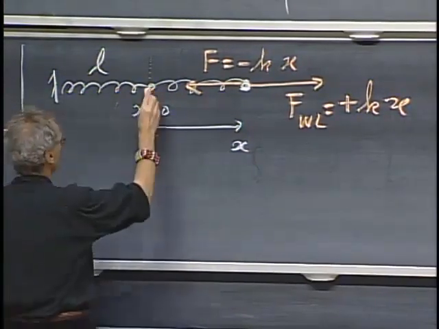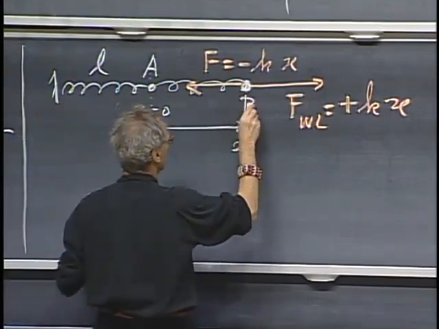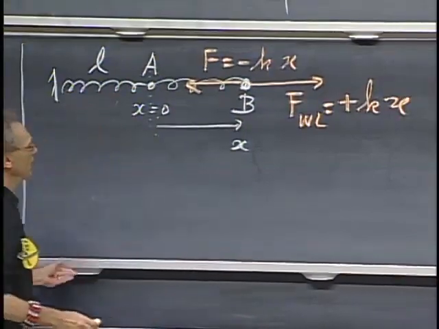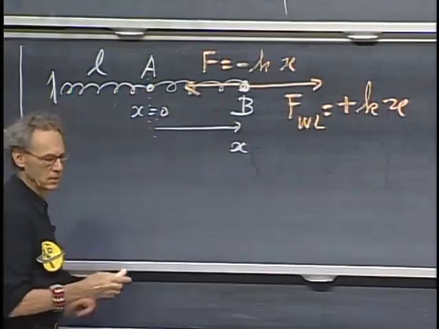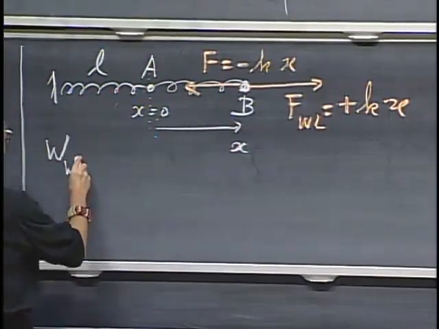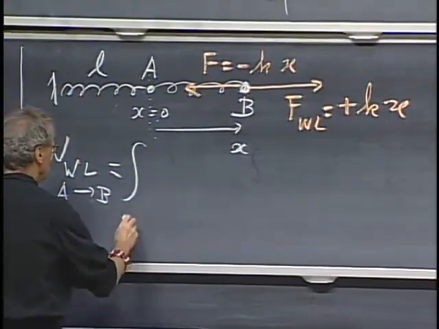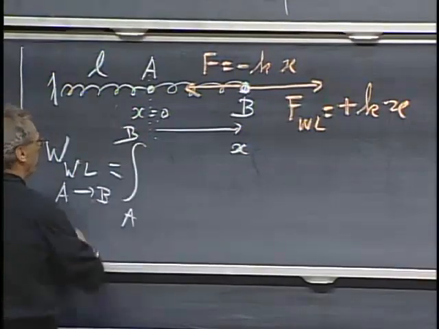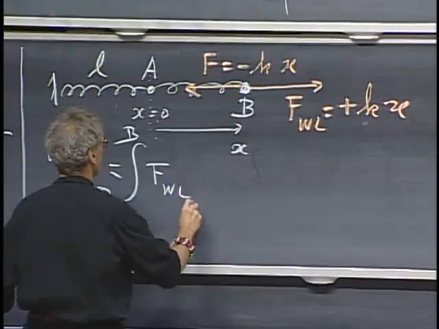If I call this point A at x equals 0, and I call this point B at x equals x, then I can calculate the work that I have to do to bring it from A to B. So the work that Walter Lewin has to do to bring it from A to B is the integral going from A to B of my force dot dx.